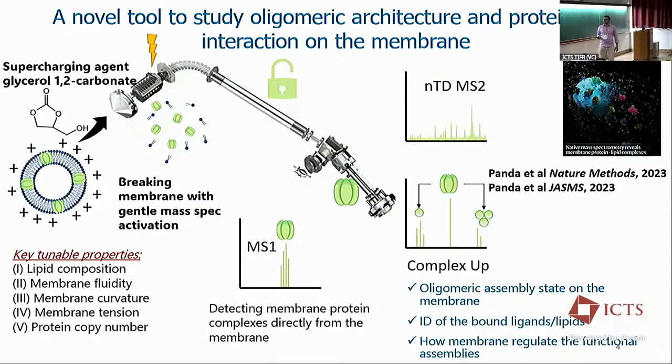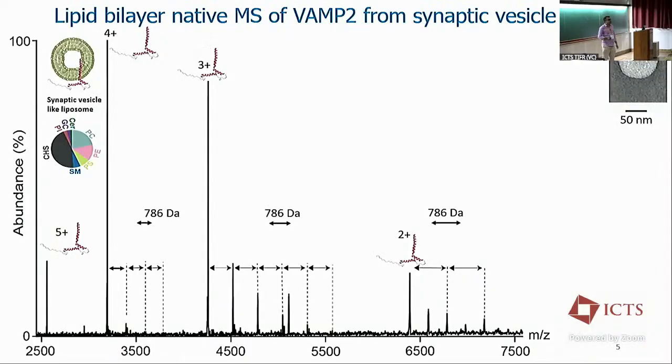I applied this to the neuronal synapse. First I reconstituted vesicle-associated membrane protein in synaptic-vesicle-mimicking liposomes, exactly mimicking all the parameters of the synaptic vesicle. When we applied this method, we saw some satellite peaks associated with the proteins.